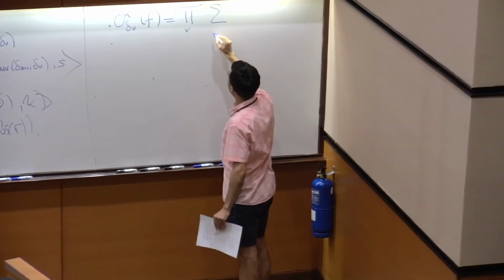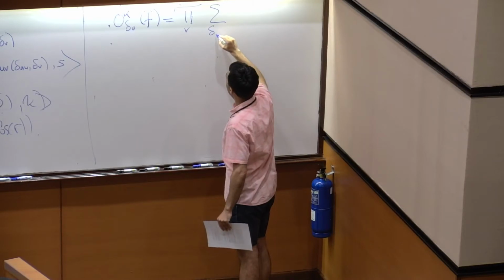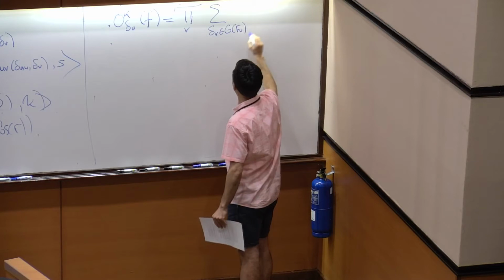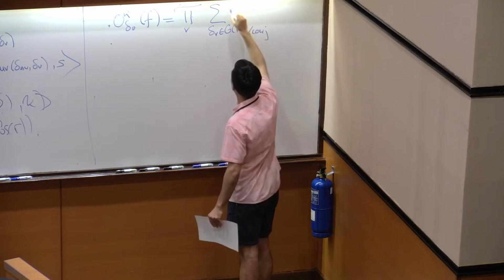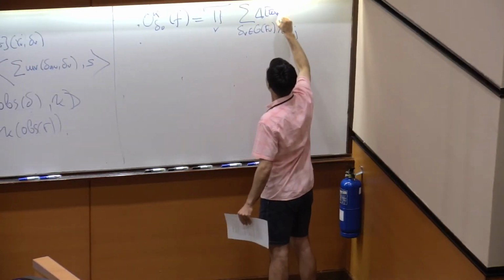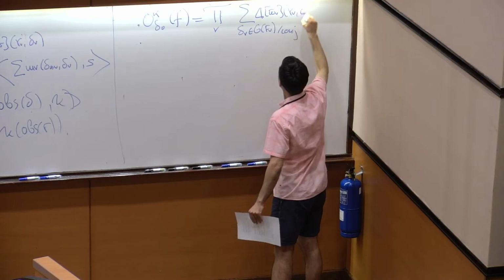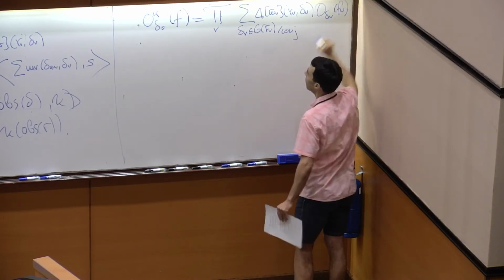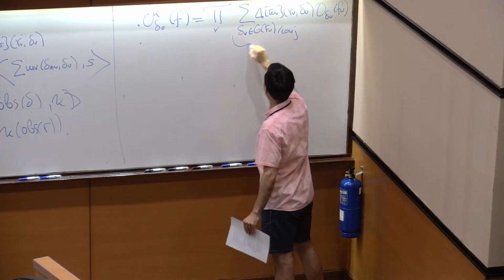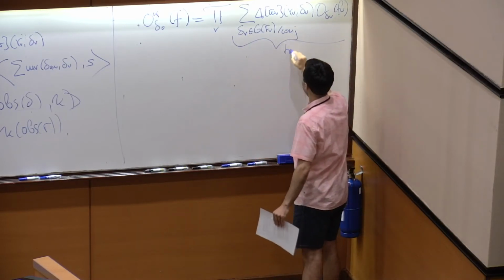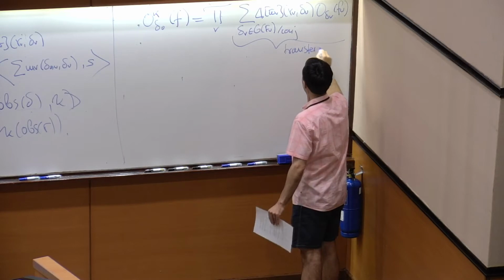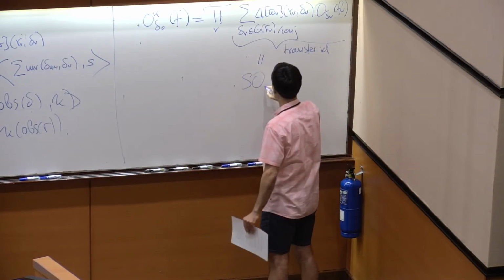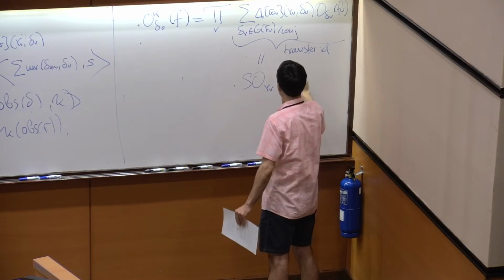The sum of delta_v in G(F_v) up to conjugation, transfer factor, gamma_v delta_v, orbital integral of f_v at delta_v, and then this here, by the transfer identity, becomes equal to the stable orbital integral at gamma_v of f_v.